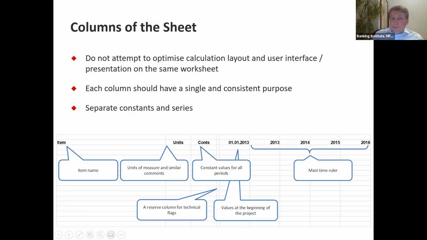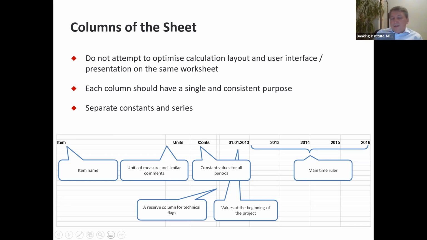Within a sheet, all the columns of any worksheet should always have one distinct type of data, one distinct role. And those roles are usually more or less the same for all models. So we start with the item for any line in the model.